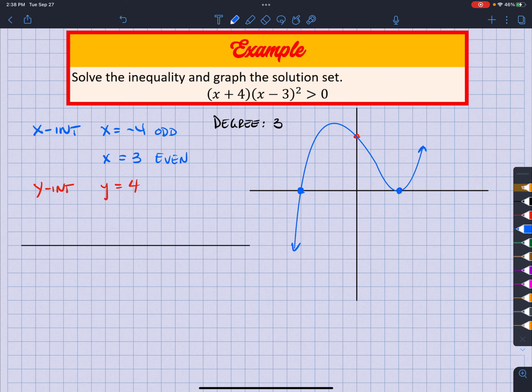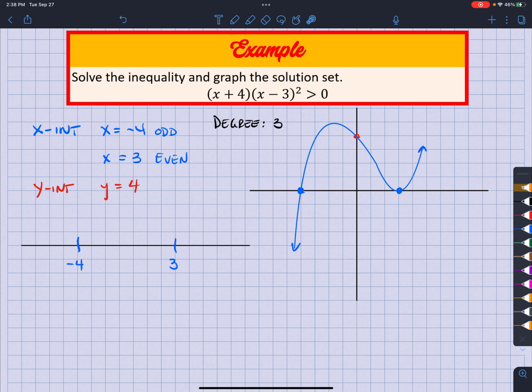Once you find your x-intercepts, jot them down: okay, here's -4, here is 3. Then pick a number in each of these 3 zones, plug it in, and see if it's greater than 0 or less than 0.